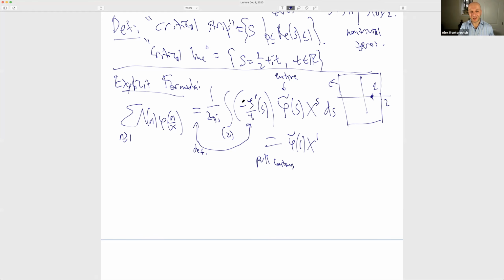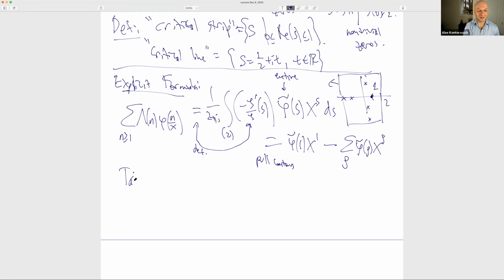And because we have a negative sign in front, it flips which is which. So the pole at 1 gives us a positive contribution of phi tilde of 1, x to the 1. And then we get a negative contribution for all of the zeros of phi tilde of rho x to the rho. Now, some of these zeros are the trivial zeros, and the rest will be these non-trivial zeros inside the critical strip. This is an exact formula.